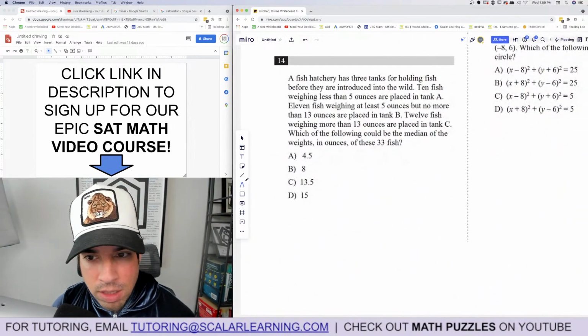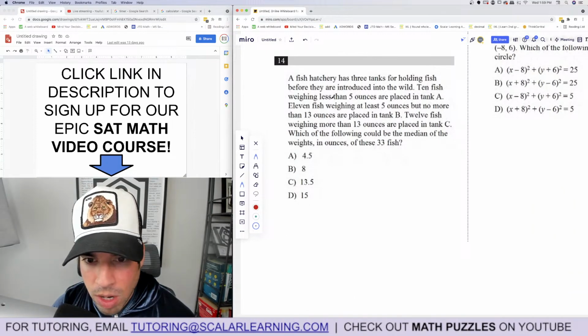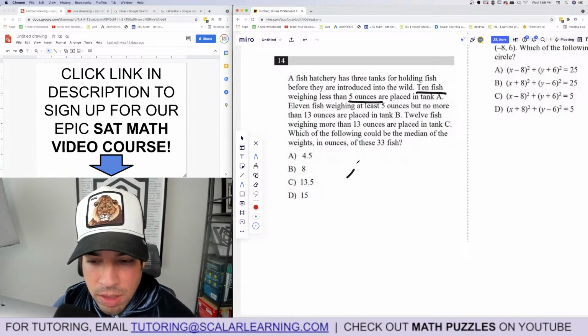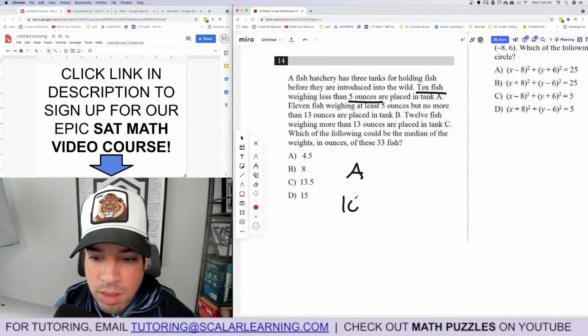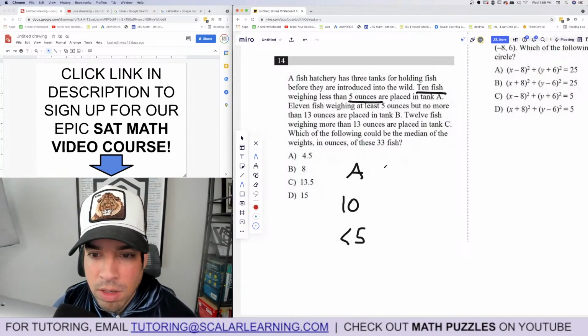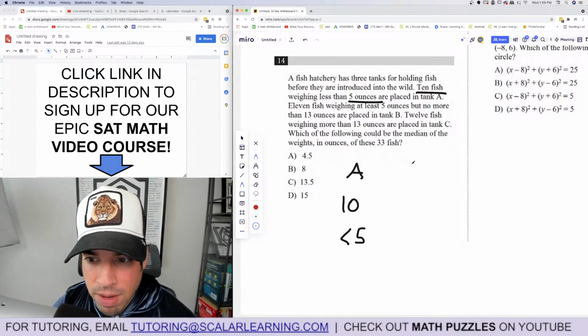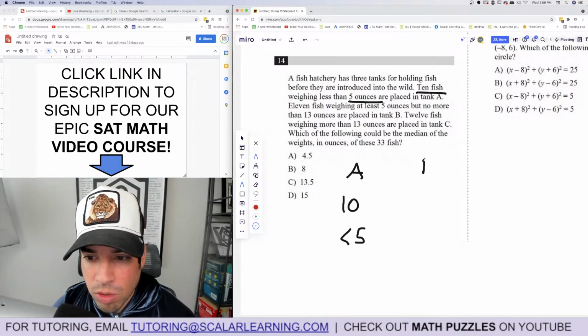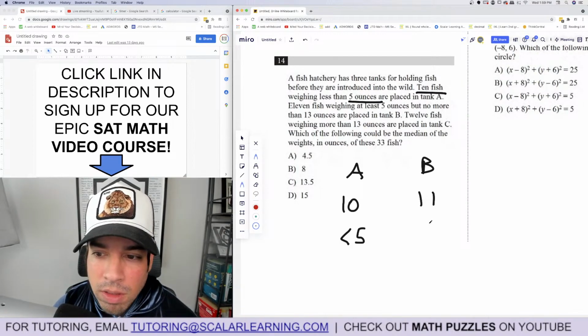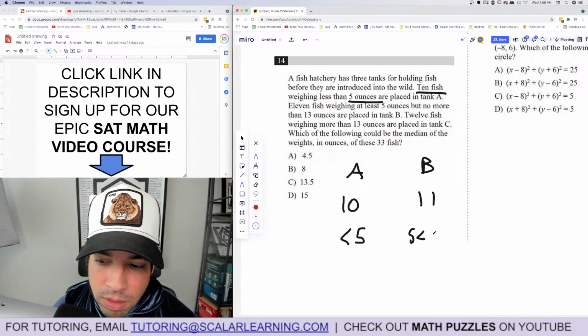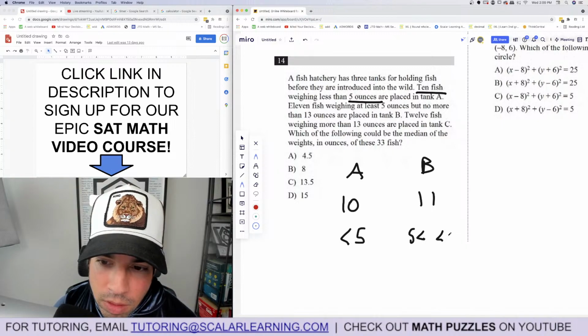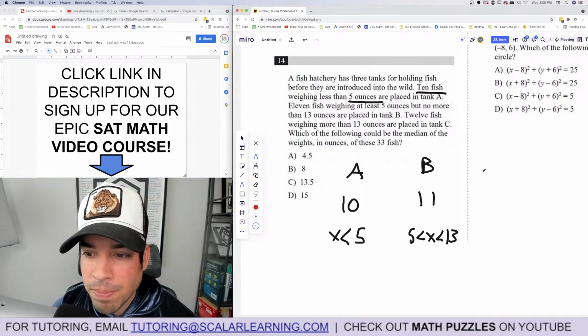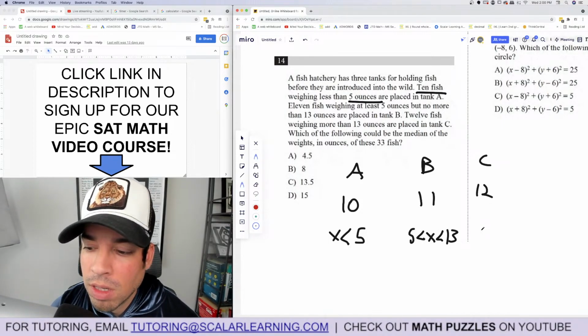14. A fish hatchery has 3 tanks for holding fish before they are introduced in the wild. 10 fish weighing less than 5 ounces are placed in tank A. 11 fish weighing at least 5 ounces, but no more than 13, are in B. And 12 fish are placed in tank C, more than 13 ounces.